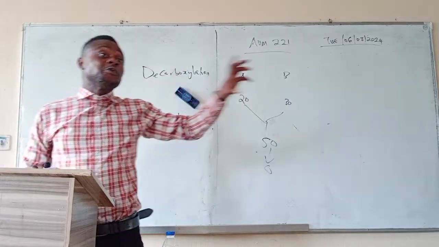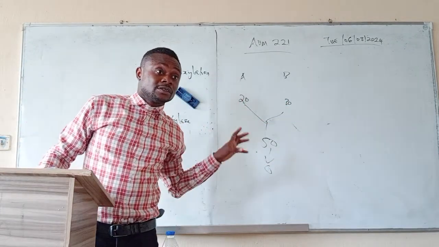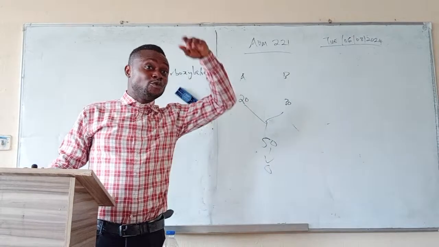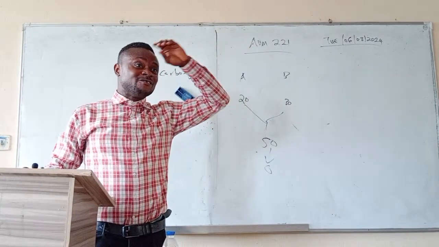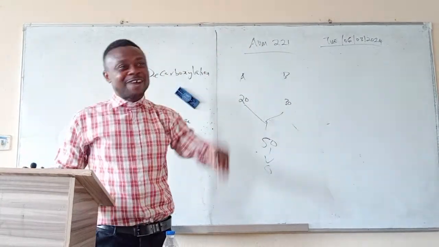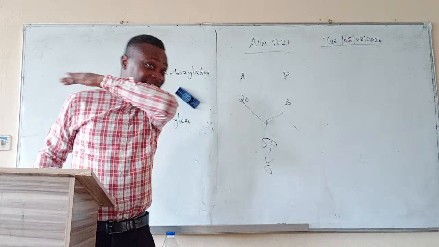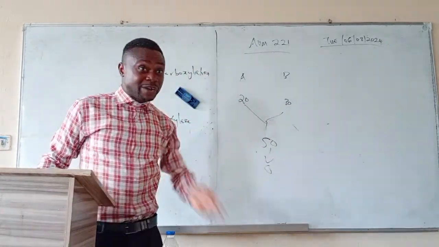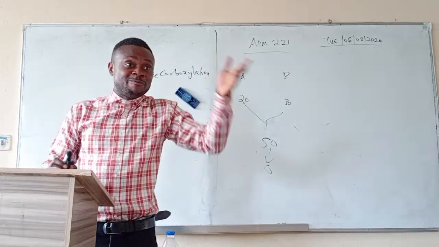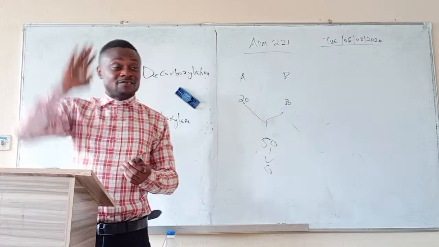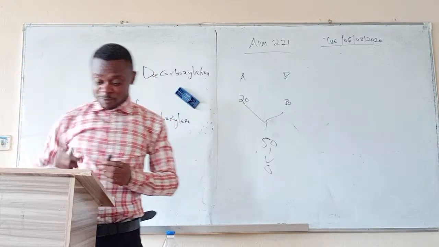Depending on the substrate group, you just remove the carboxyl group. Forget the long stories. The carboxyl group, the carbon, we just cut it off, right? Break it off. If you start breaking up that group, you are breaking it down. Forget long grammar.